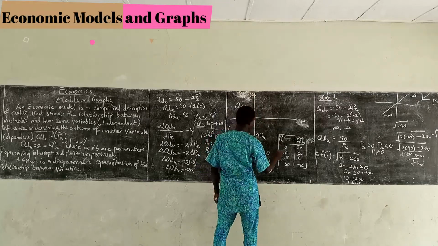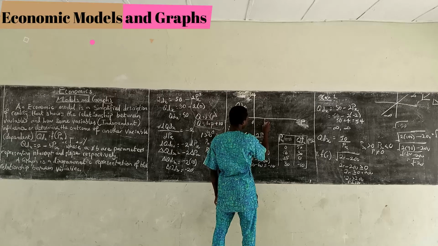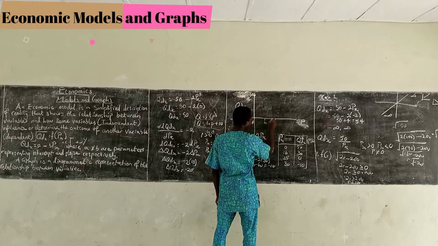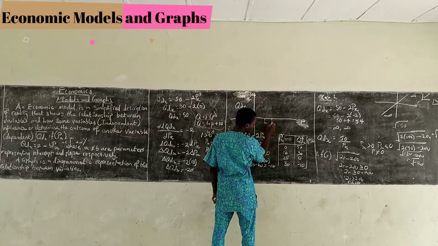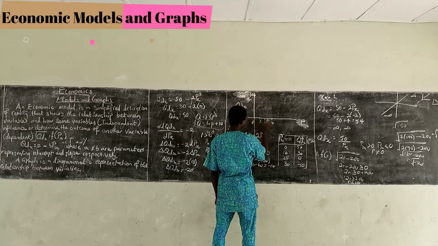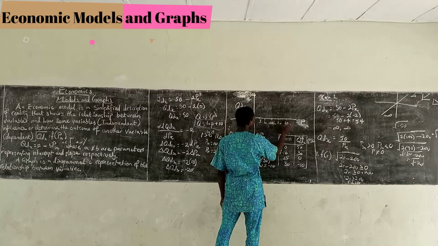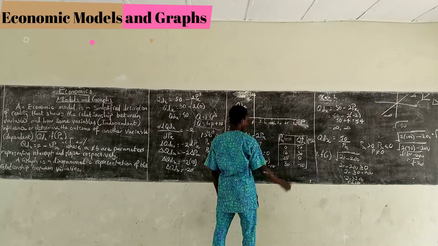Alright. So when Px is 10, let's say 10, this is 20. So you can say 5, 10, 15, 20, 25, 30. Alright.